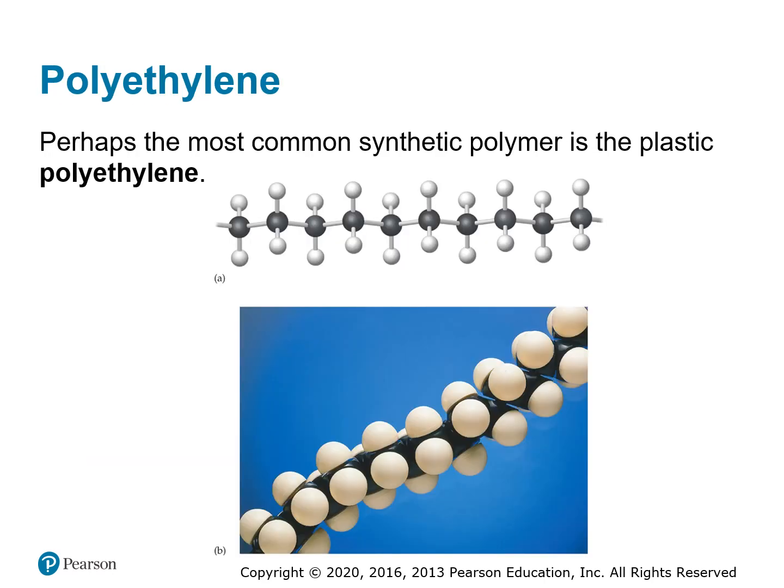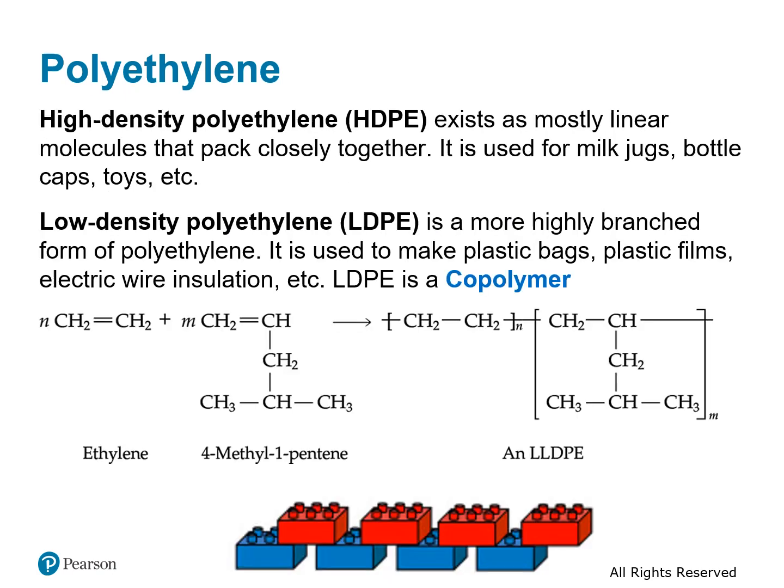Now, here is one very common polymer. That's polyethylene, and we see there's a long chain that makes up the plastic. There are many forms of that, but one of the first, the simpler one and most common, is polyethylene. So how is polyethylene made?